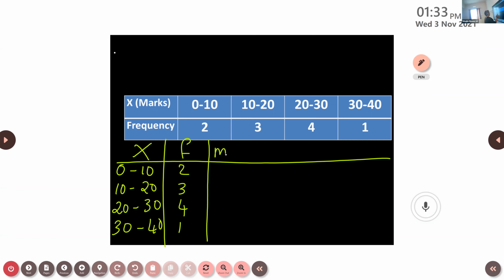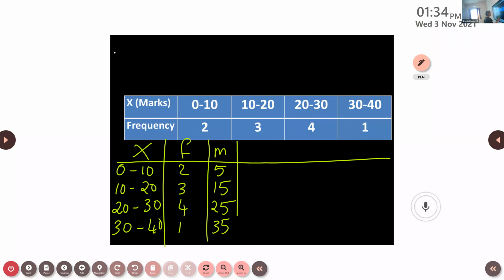M? 5. Okay. Akshay, can you tell second one? 15. Okay. Anish, third one? You don't know? Vinay? 25. Abhiram? 35. So you all know what is M.